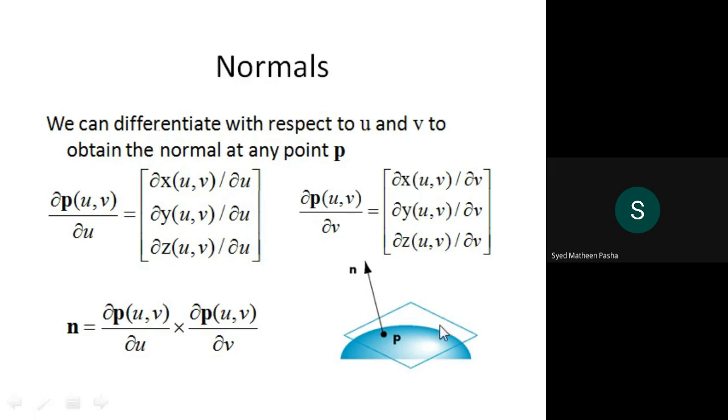If this is the surface you are defining, and you are placing a plane onto that particular surface, you should define one point with the help of which you can differentiate that particular plane. So at that position, the point you are defining, that is P, is actually called the normal here. That is, we can differentiate with respect to U and V to obtain the normal at any point P.